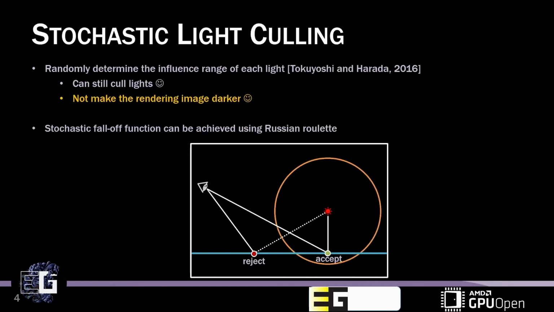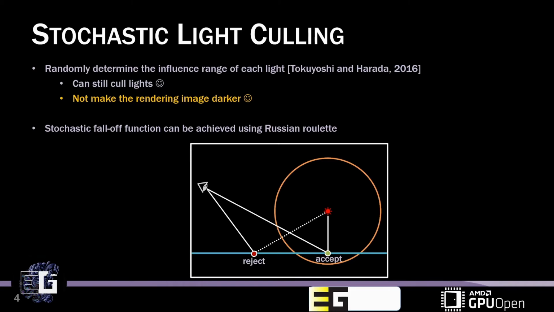On the other hand, stochastic light culling is a good fit for this purpose, because it does not make the rendered image darker, while we can still cull light sources. In this method, the stochastic fall-off function can be approximated using a Russian roulette technique by randomly sampling the fall-off function with a proper probability.